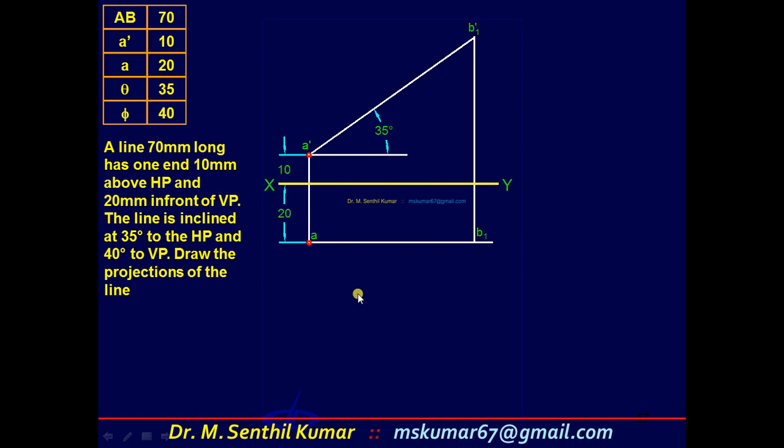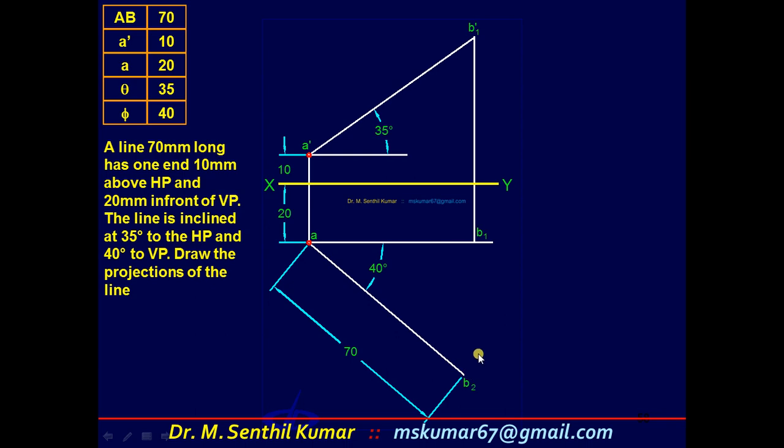Through A, draw a 40 degree line, and on it mark B2 such that AB2 is equal to 70, that is the true length of the line. This line AB2 is the preliminary top view line, since it shows true length and true angle phi 40 degrees. So the preliminary top view is constructed.